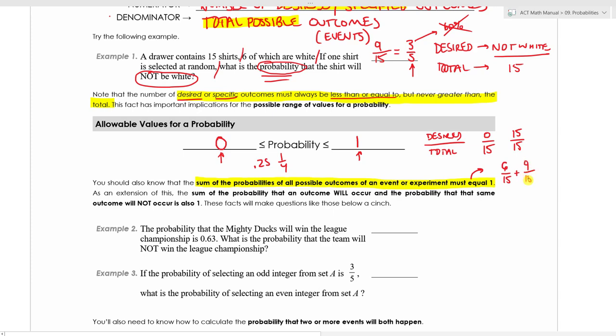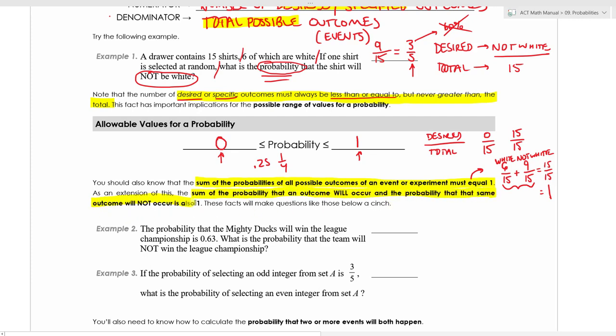And those are the only 2 possible outcomes. So 6 over 15 plus 9 over 15 is going to equal 15 over 15. Again, the sum of all possible outcomes, white, not white. When we add those probabilities, we have to get 1. That is pretty much what we just illustrated there, illustrates this next point as well.